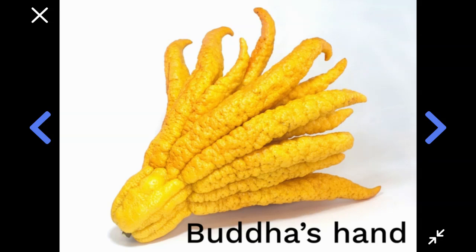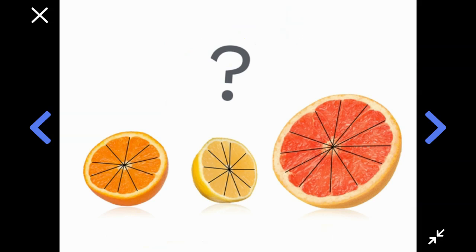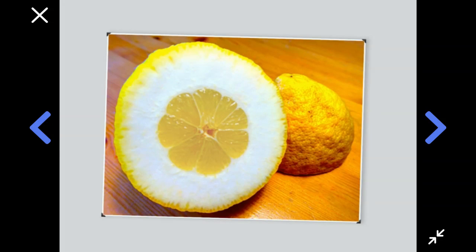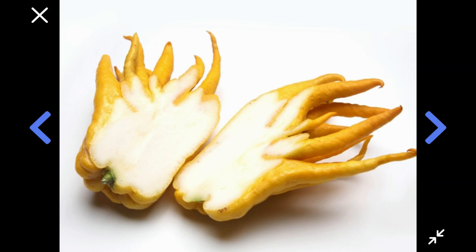Now, if it's a citrus variety, then why doesn't it have all those sections inside, like other citrus fruits? Well, look at the inside of a citron. Remember that wild citrus fruit? It has sections too, but notice how it also has a really thick peel or skin? With a Buddha's hand fruit, instead of selecting it to have more fruit, plant growers actually selected it to have more peel.